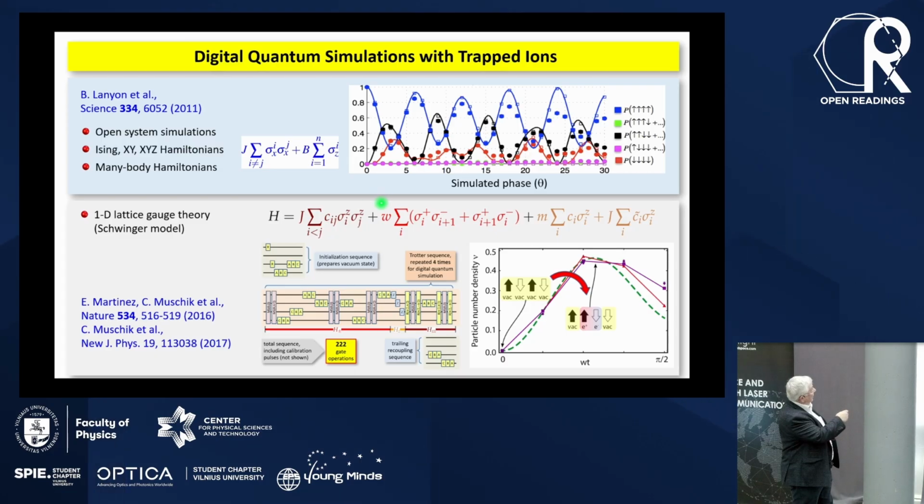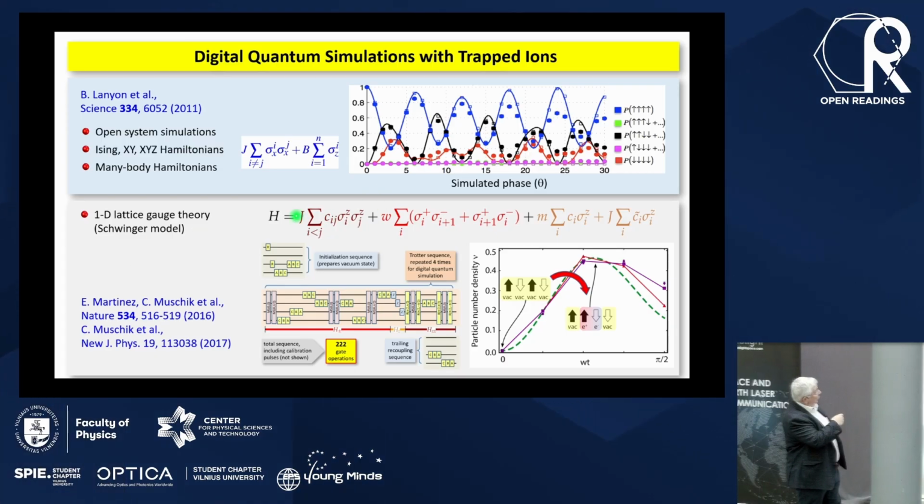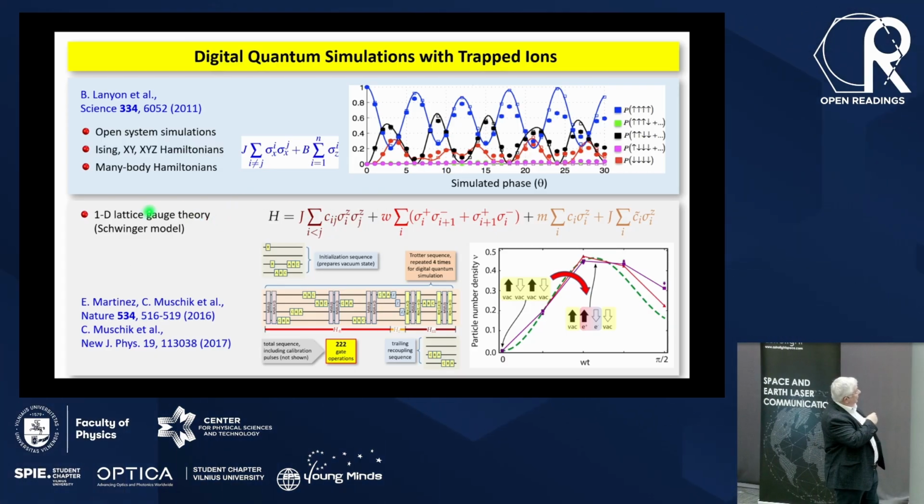Here's another digital simulation where we did this to calculate 1D lattice gauge theory. It's just essentially the Schwinger model, or QED in short. You see the Hamiltonian is written here for those who know that in a somewhat strange way.